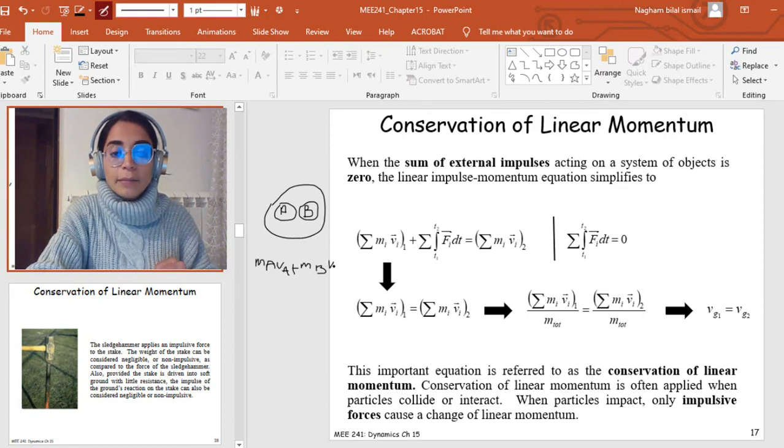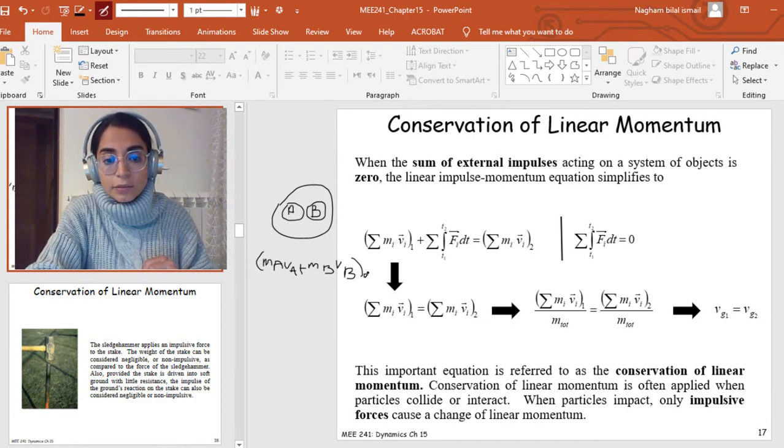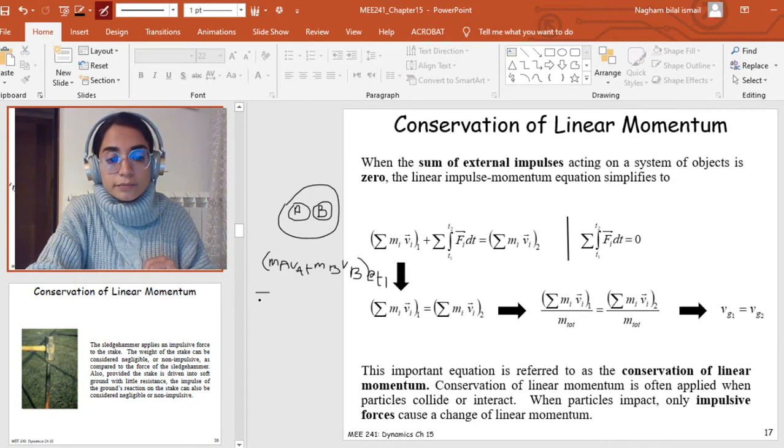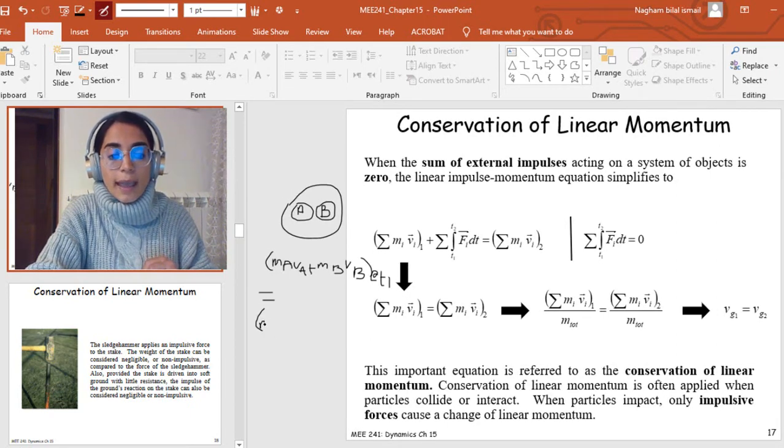This is the linear momentum of the system because it is only consisting of two particles. At T1 is equal to MA VA plus MB VB at T2.